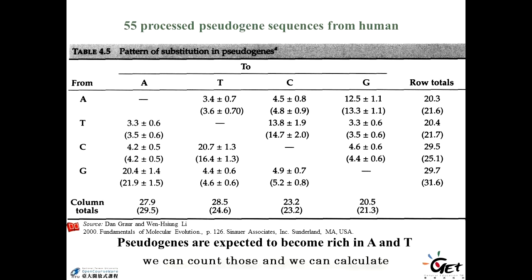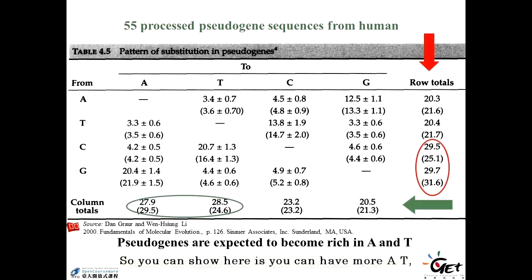We can count those and calculate all the changes in the sequences. Then we can get the overall result. So you can see here you have more ATs than GCs, so that's a general pattern. Pseudogenes show more enrichment in ATs.